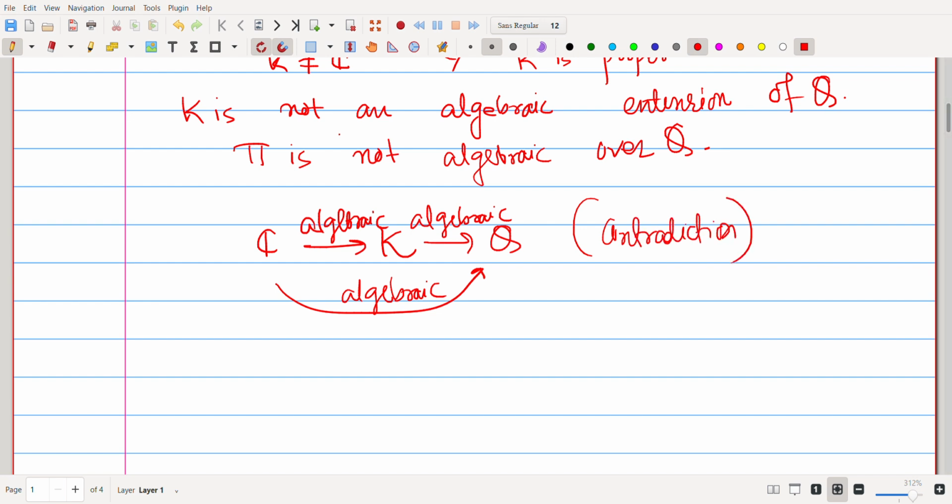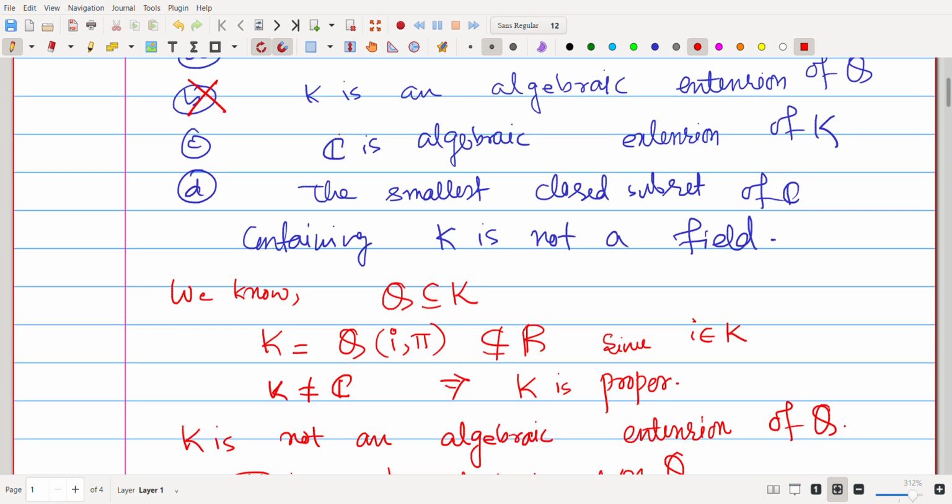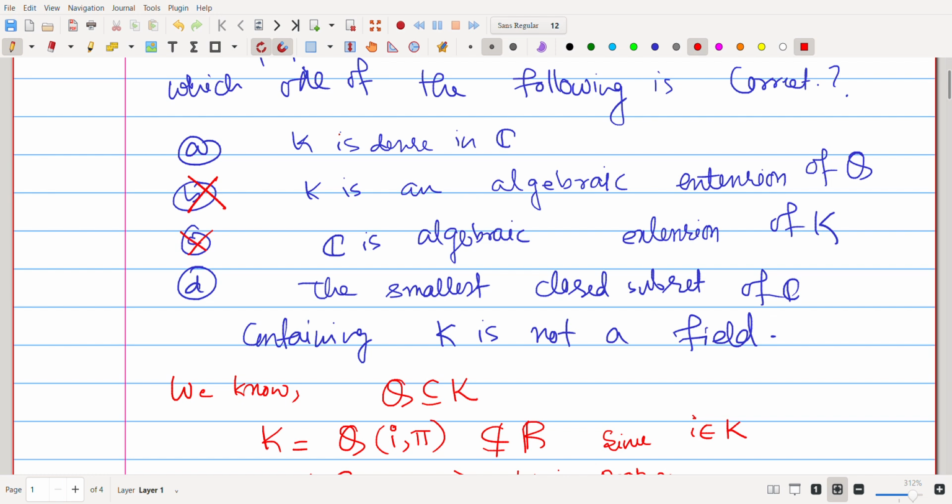So in particular you can take K to be, say, Q adjoin i. That means C is not an algebraic extension over K, because pi is in C, but pi is not algebraic over Q adjoin i. So that's why C is also wrong.